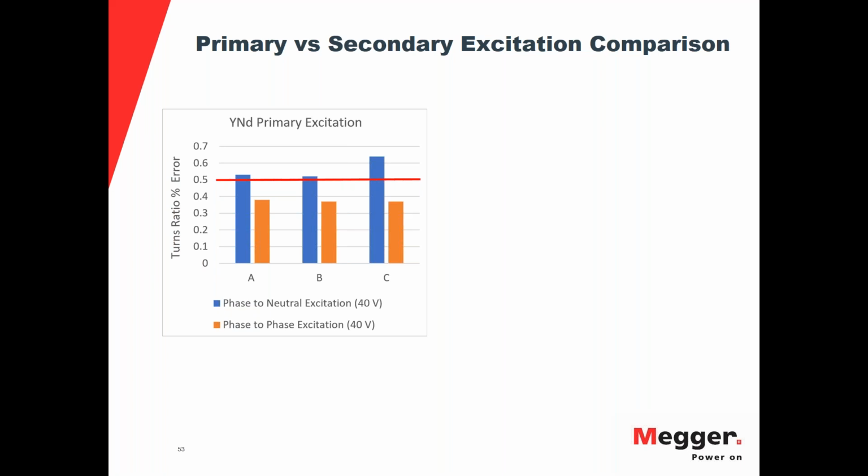And this test is done with 40 volts. And so if we change it from doing a phase to neutral, we can see by utilizing one of our solutions, we can see that with phase-to-phase excitation, we are lowering that percentage of error and we're getting a better result.